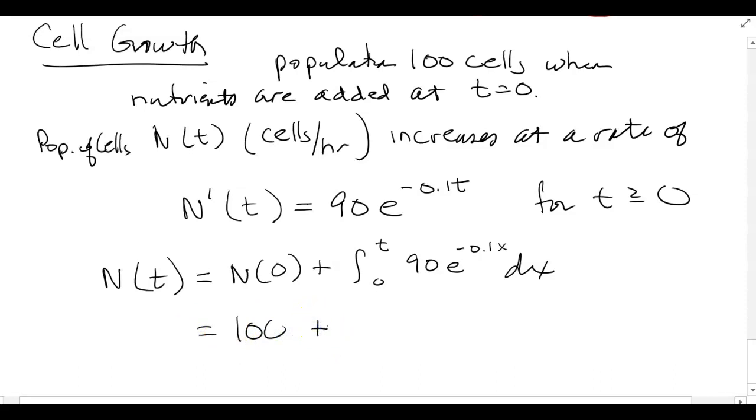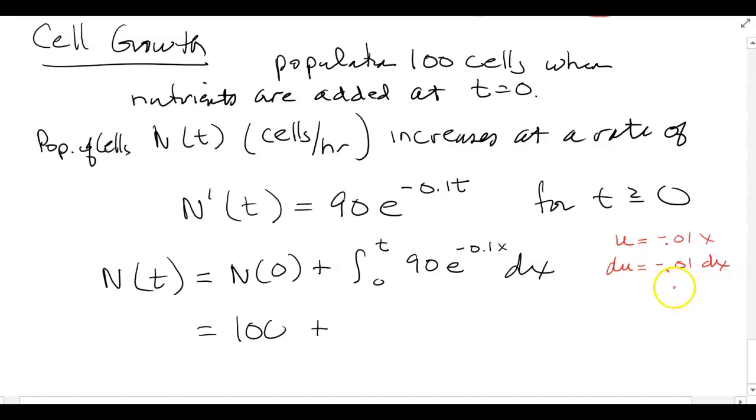All right, so we have to integrate. You're going to use your u sub here. And just real quick, in case you don't remember, I would have u equal to the negative 0.1x, so then du over dx, which means du, is negative 0.1 dx.